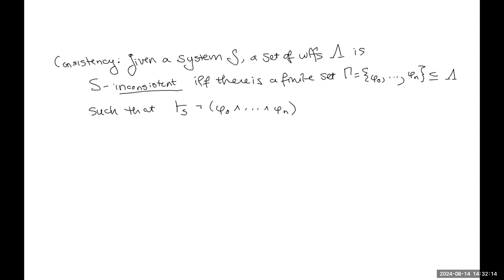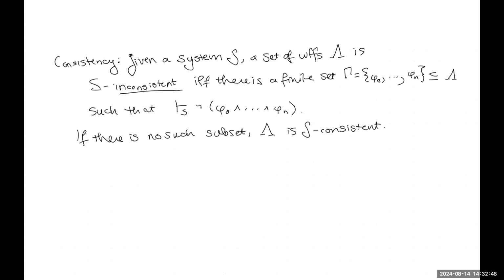So if you have this subset of your set where your system says, at least one of them has got to be false, then your set is inconsistent. So if there is no such subset, lambda is S consistent. So now you can see why it's easier to give the negative version and then define the positive version as not having this property.